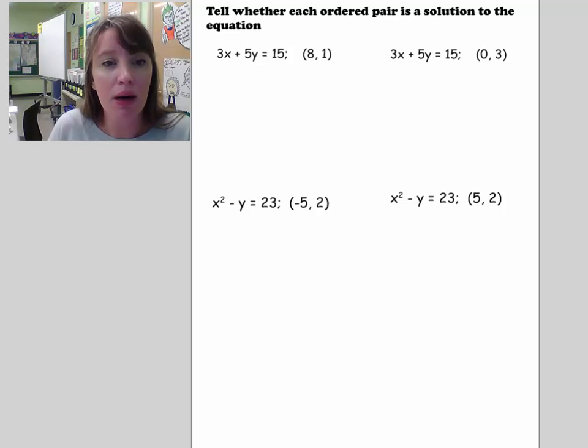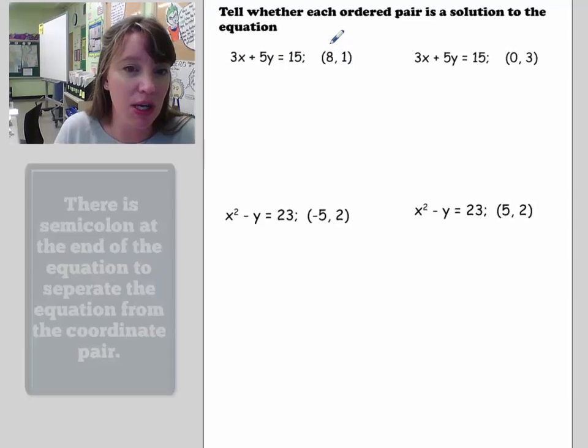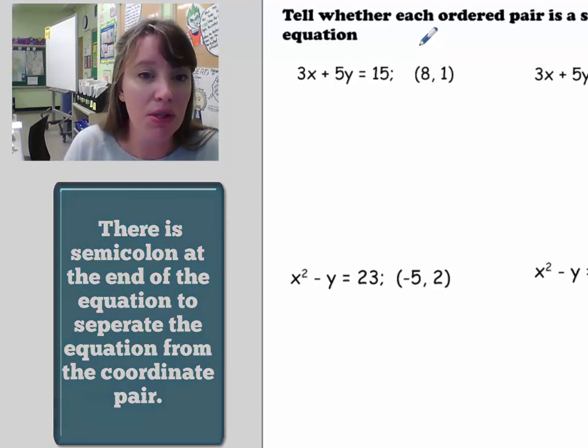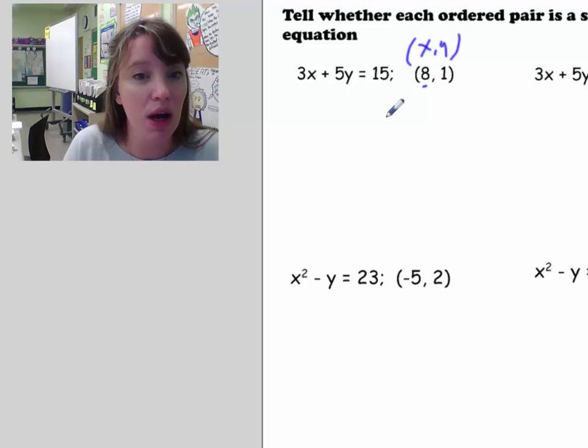If you want to tell whether an ordered pair is a solution to an equation, two variable equations look like 3x plus 5y equals 15, where you have x and y here. If I want to determine if the ordered pair 8, 1 is a solution, remember this is x, y, then what I can do is just substitute 8 in for x and 1 in for y and see if it makes the equation true.